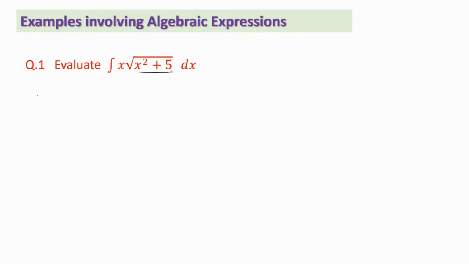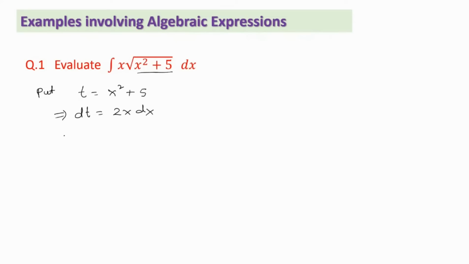Here you need to substitute t equal to x squared plus 5. This gives you the square root of t, and you know the antiderivative of the square root of t. Now if you substitute, dt is equal to 2x dx.